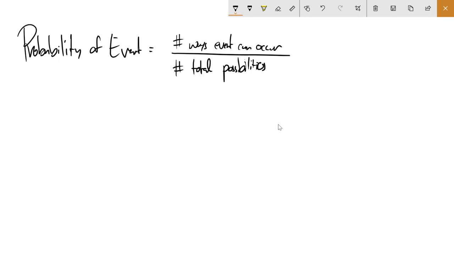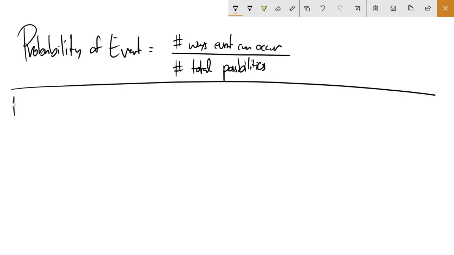So, the classic example was like if you're looking at a bag of M&Ms or something.